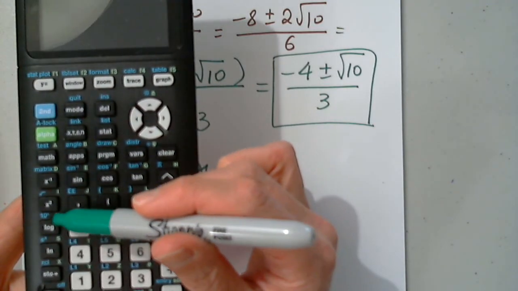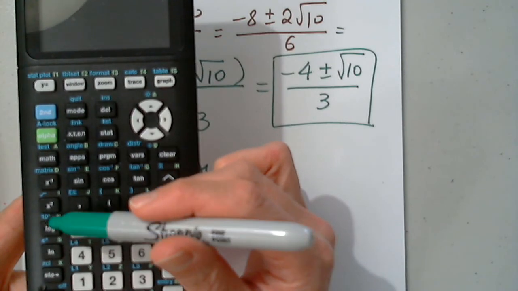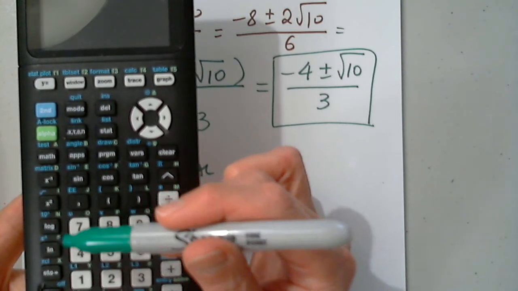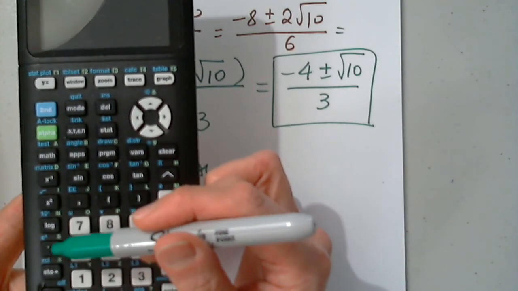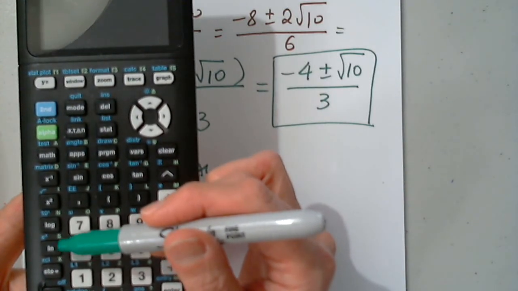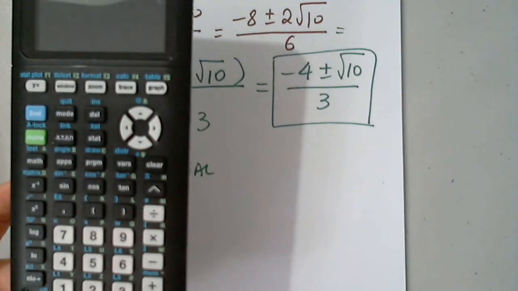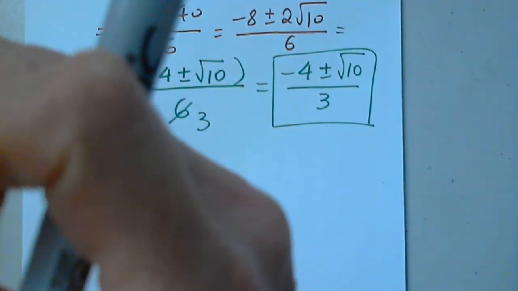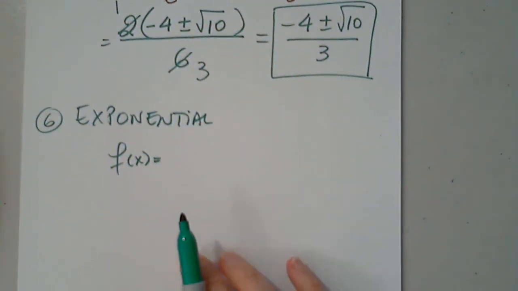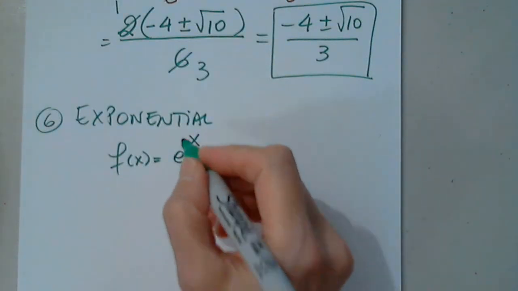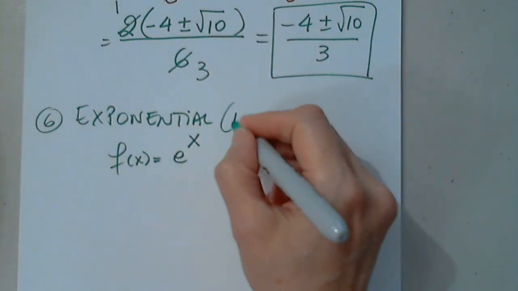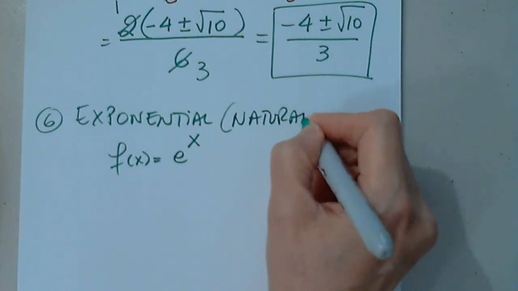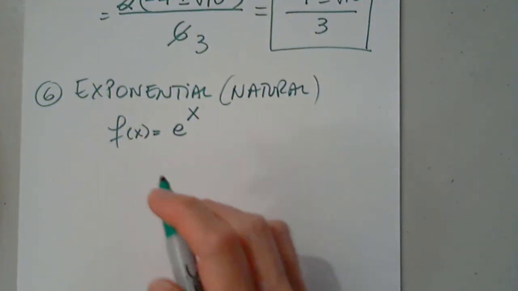And notice that 10 to the x goes with the same key with log, and e to the x is on the same key with natural log, because these are inverses of each other. That's why they are on the same key. So the exponential function e to the x is the natural exponential function.